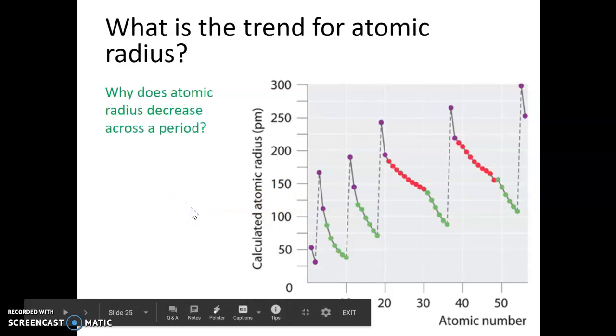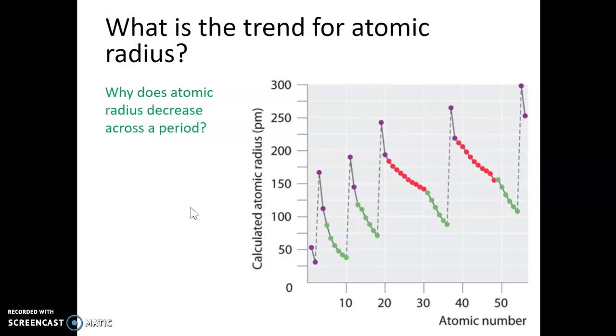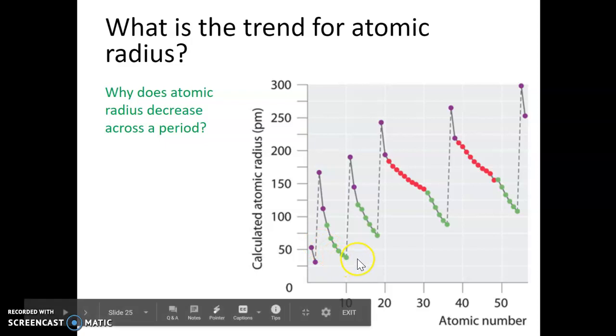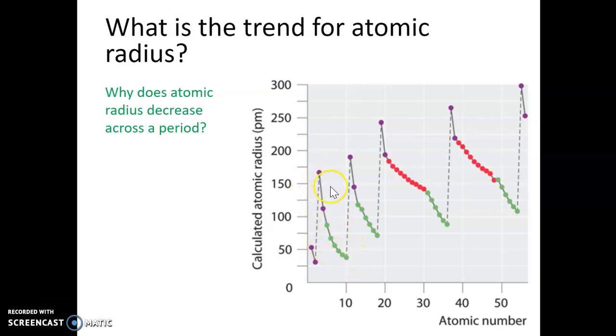Why do you think atomic radius decreases across a period? Please ignore my typo. I promise I can speak English. So why does this happen? This goes like this because you're in the same energy level, so you're the same distance from the nucleus, but at every dot, we're adding a proton to the nucleus.